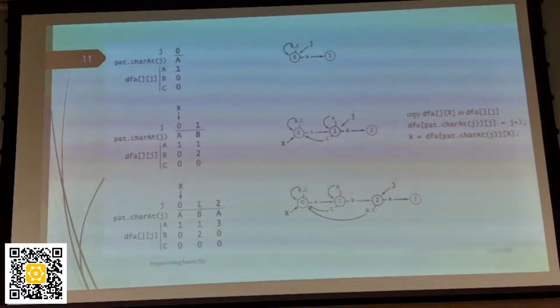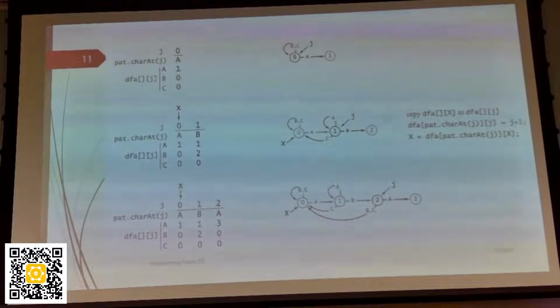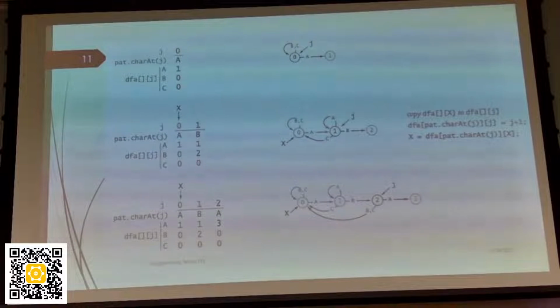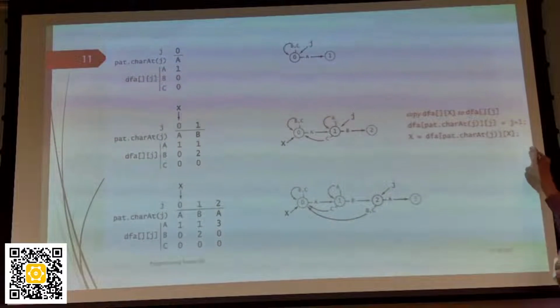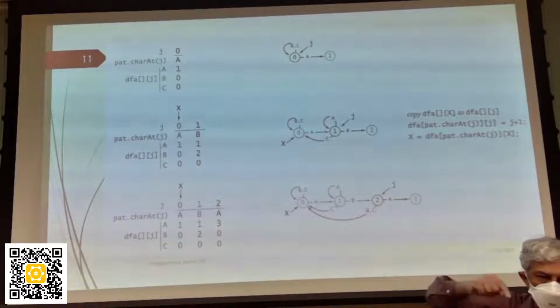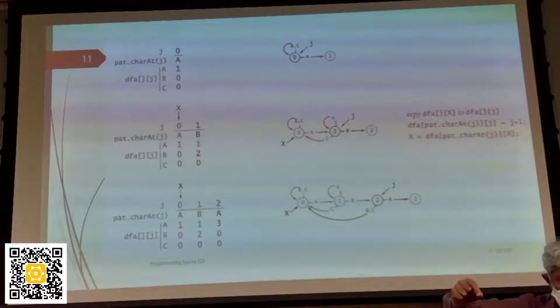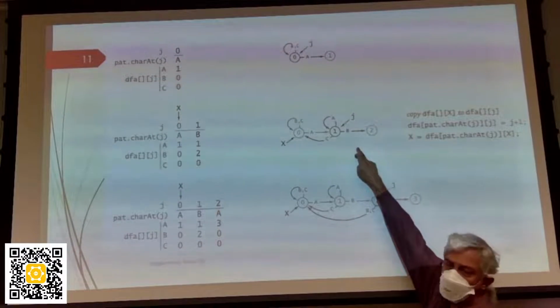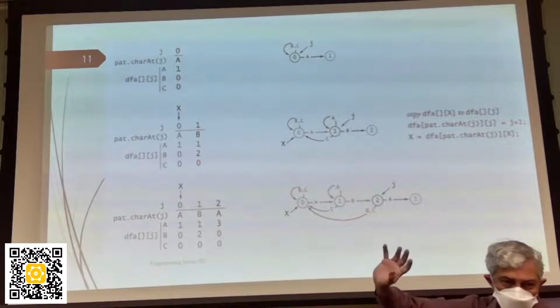So let's see what this strange comment is. Right, so clearly over here you'll go to J plus 1 if you see the B. So you'll go from 1 to 2 if you see the correct character. The second character is a B, so that'll take you to state 2. That's the easy one.